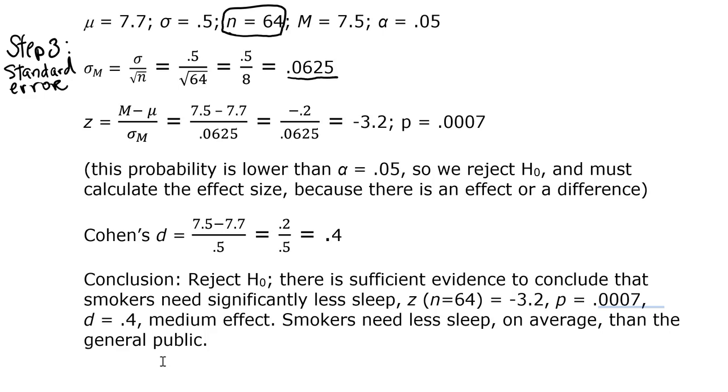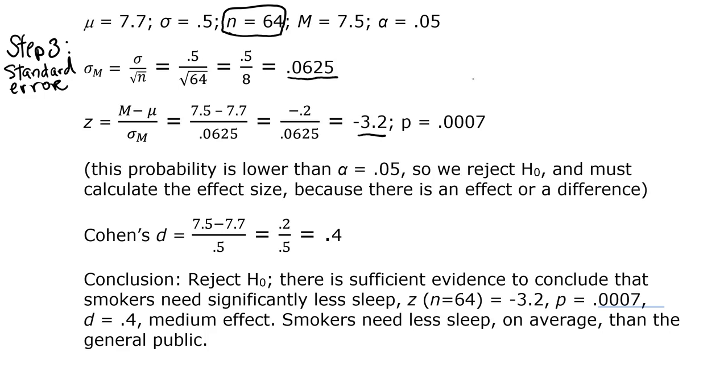Our z statistic is equal to sample mean minus population mean divided by standard error. So 7.5 minus 7.7 divided by 0.0625 gives us negative 0.2 divided by 0.0625. So this is equal to negative 3.2. Okay.